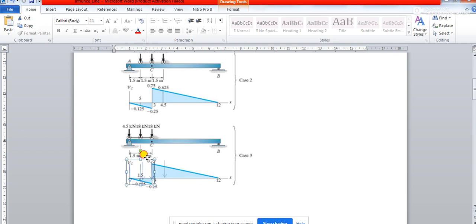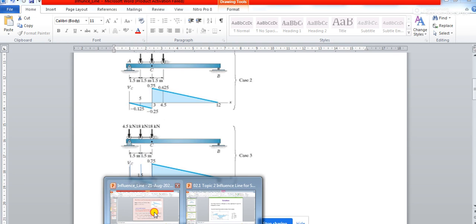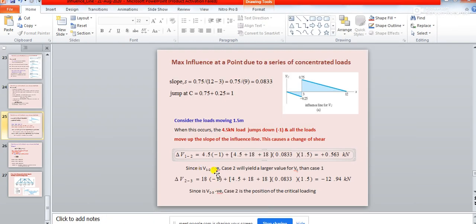So there is a discontinuity of the shear force diagram, and you will again have to consider this discontinuity. Once you take it into consideration, you are going to get another value, and this is actually 18 into -1. That means this 18 kilonewton load will be dropping by this ordinate. So there is a jump at C, and this jump at C is nothing but -1. So this is going to give you 18 into -1.